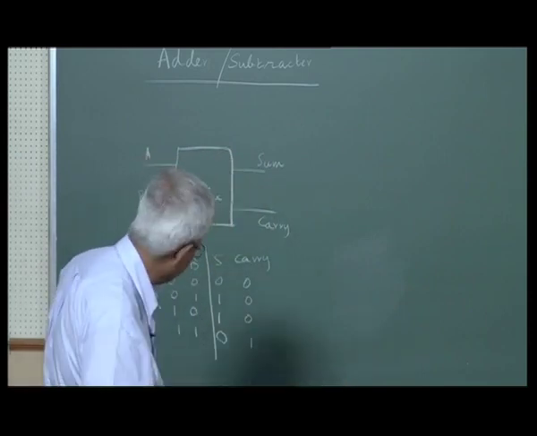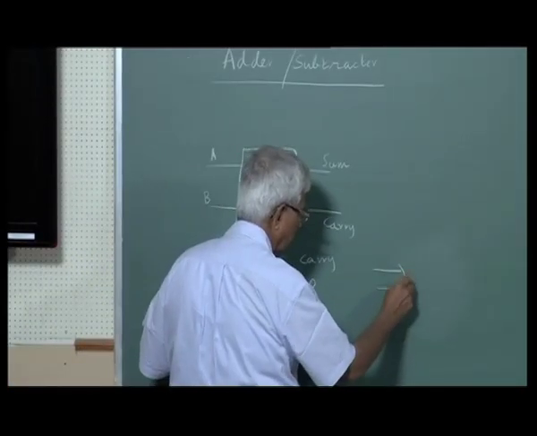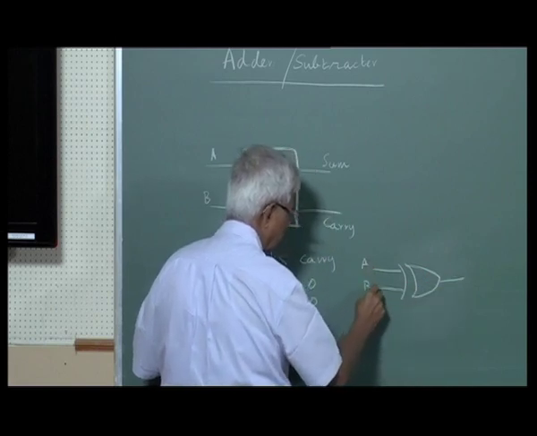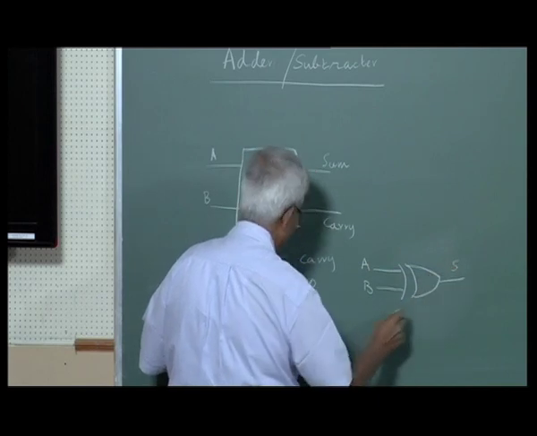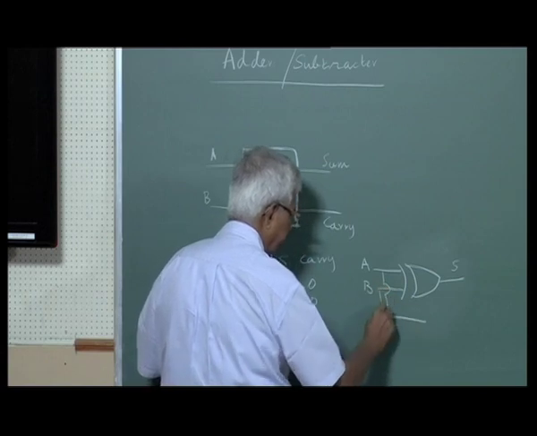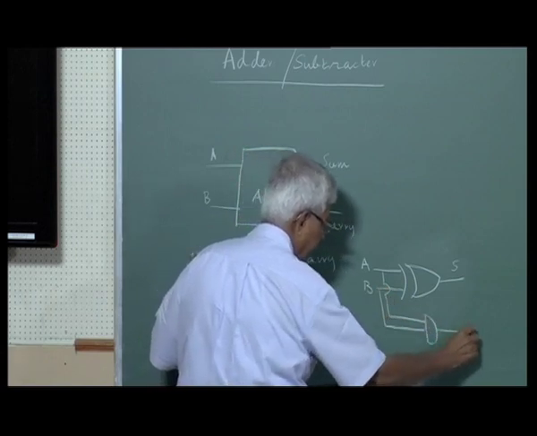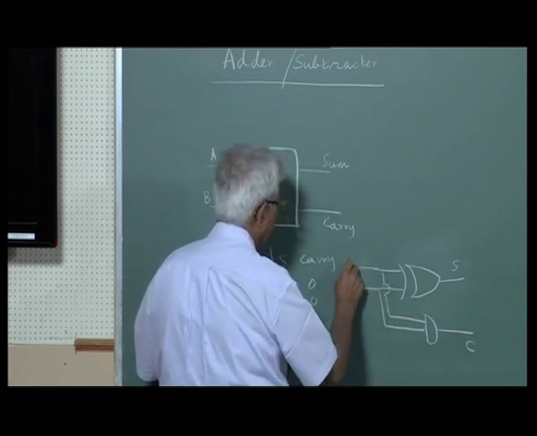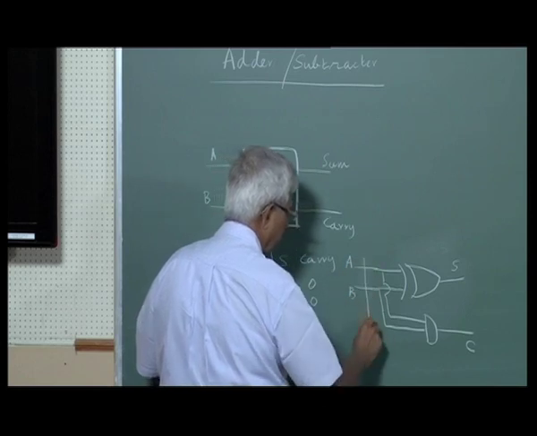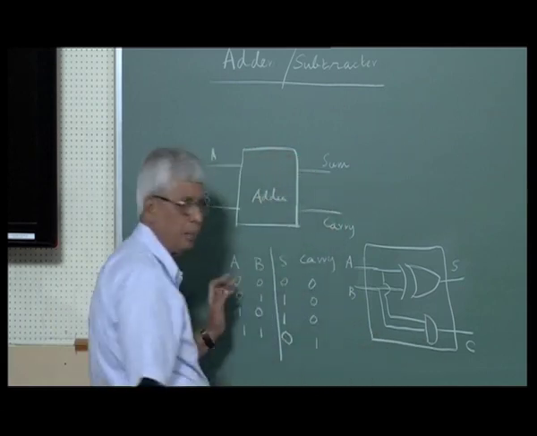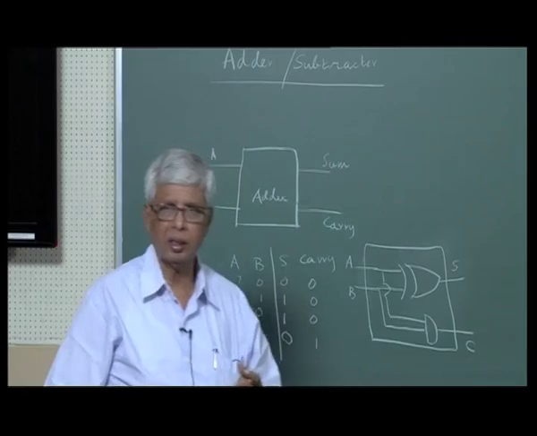As you can see, sum is the exclusive OR of A and B, and carry is A and B. This is my adder. Very simple circuit: one XOR, one AND.